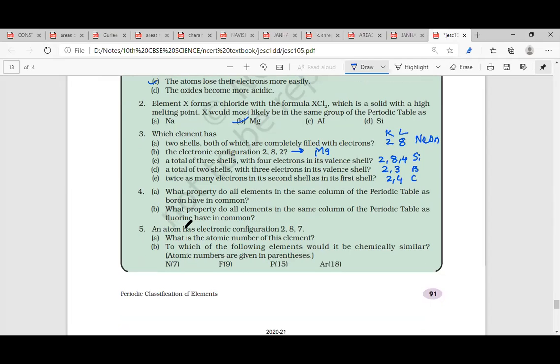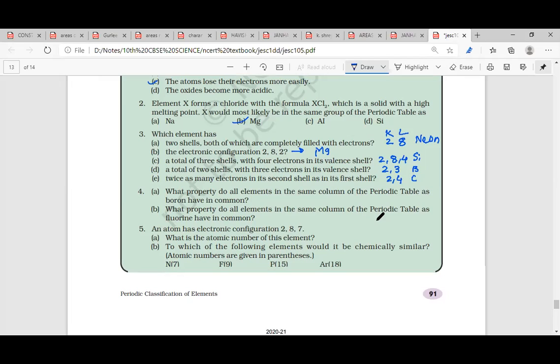What is the atom that has the electronic configuration 2,8,7? What is the atomic number of this element? 17. To which of the following elements would it be chemically similar? When can we say they are chemically similar?